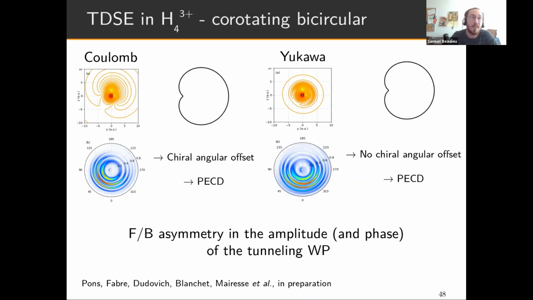So the conclusion of this work is that just after tunneling, the chirality is encoded in the amplitude and the phase of the tunneling wave packet, even prior to scattering in the potential. So this is an interesting perspective on the origin of chiral photoionization in strong field.